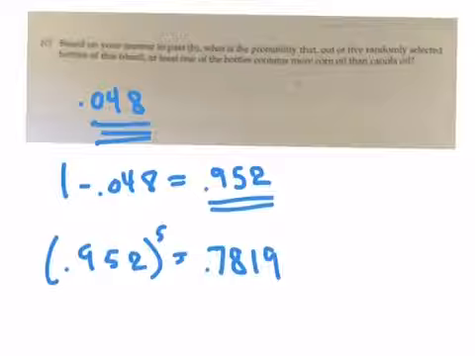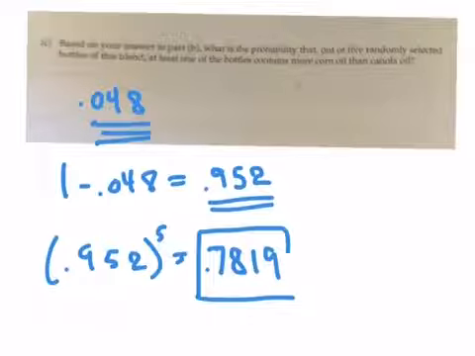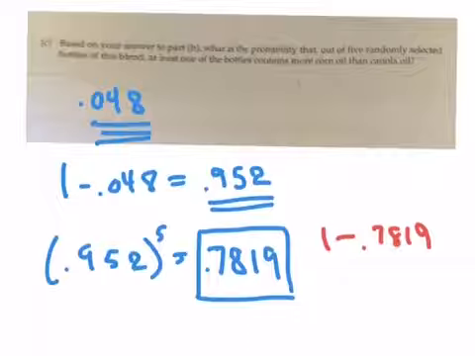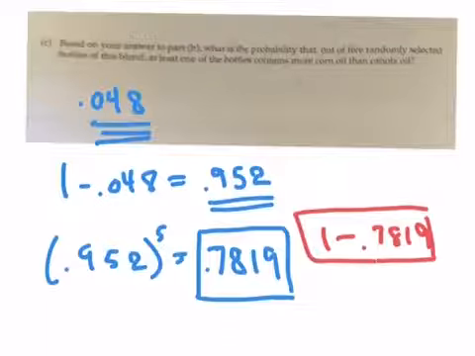So we take this and subtract it from 1, and that tells us the probability that at least one bottle has more corn oil. And the answer is 0.218. That was a little bit challenging.